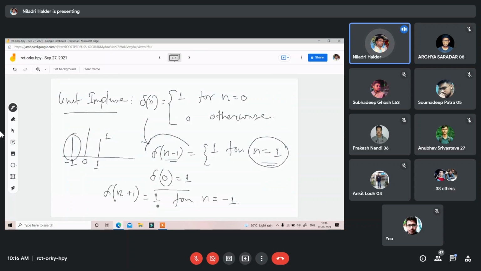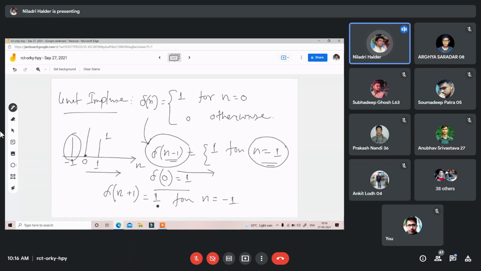If you write n minus 1, that means you are providing a shift towards the right side. Keep in mind, from your initial position, n minus 1, n minus 2, n minus 3 define a shift towards the right side of your sample axis.